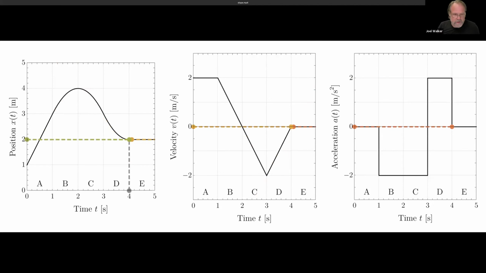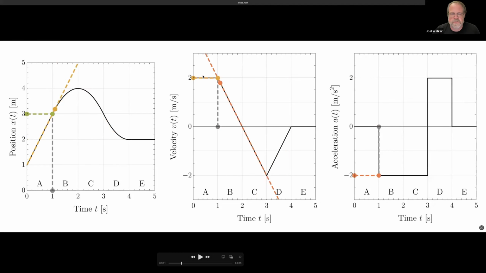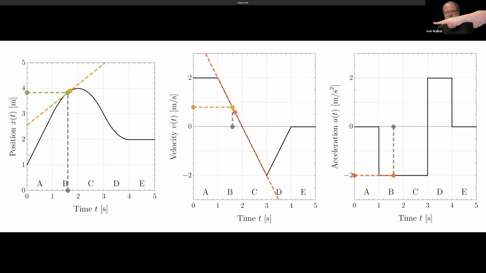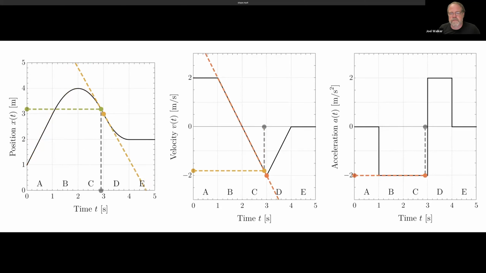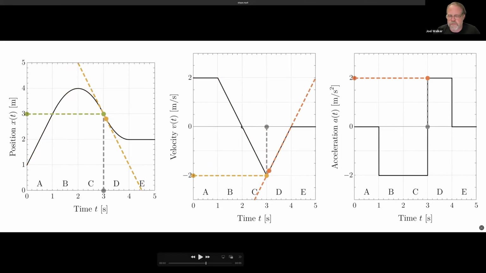Going back through everything, in segment A, we're moving forward at a constant speed, a constant slope, the velocity remains fixed at 2 meters per second. In segment B, we're still moving forward, but we're slowing down. The velocity is dropping from 2 to 0 in meters per second units. In segment C, we start going backwards. The value of the velocity, the slope of the position curve, starts to tend negative, and we see the velocity line go from 0 to -2 meters per second.